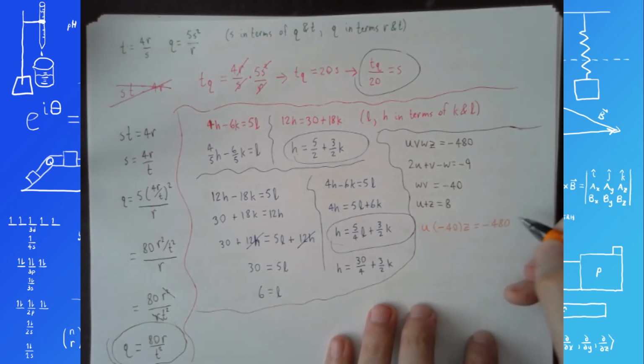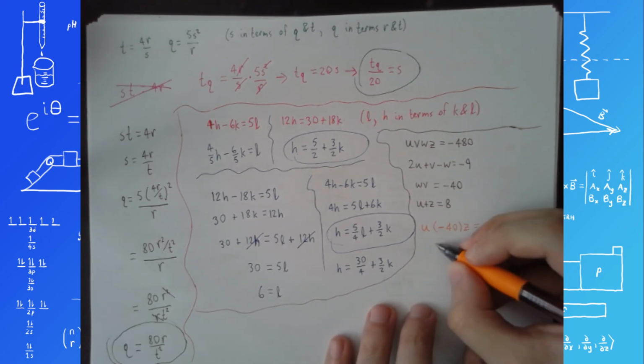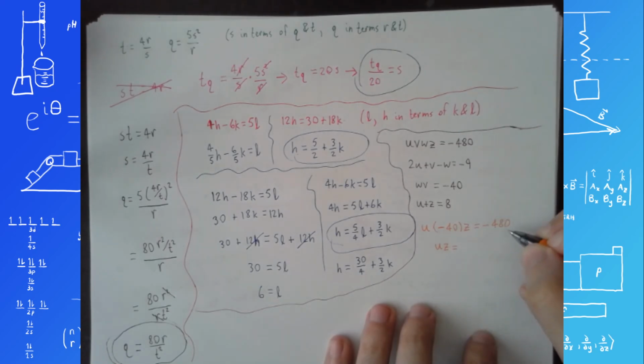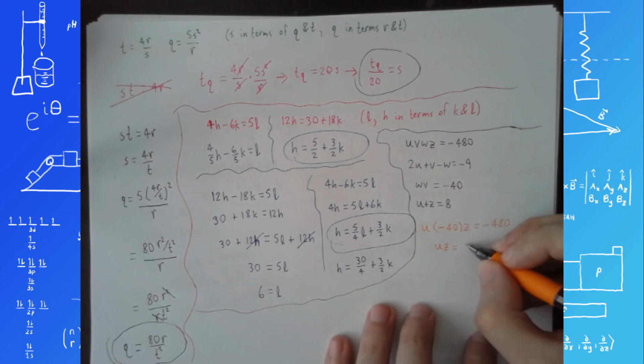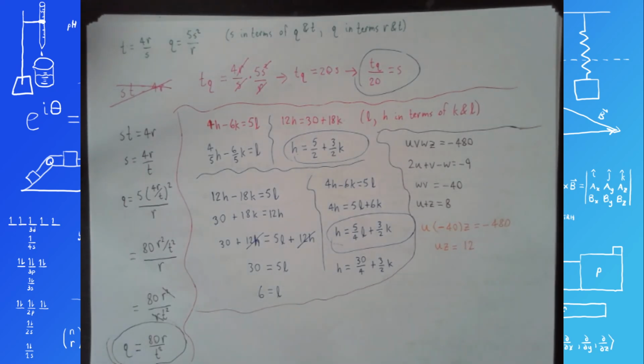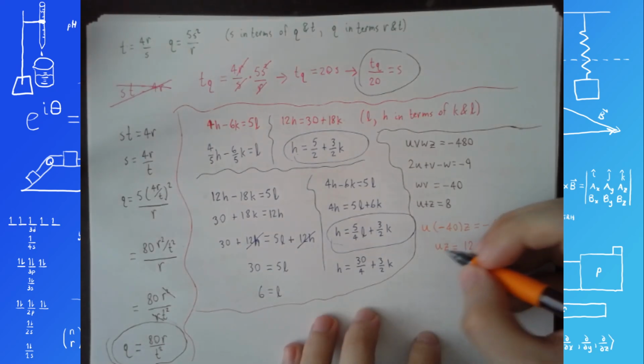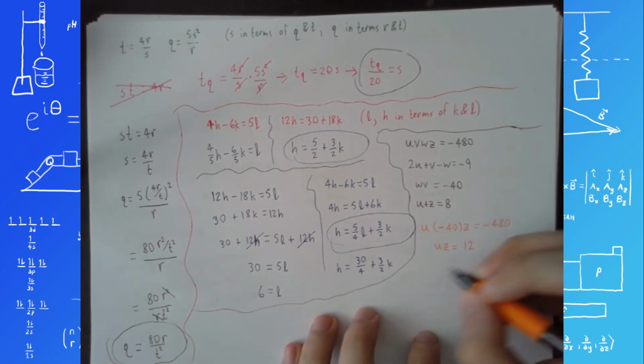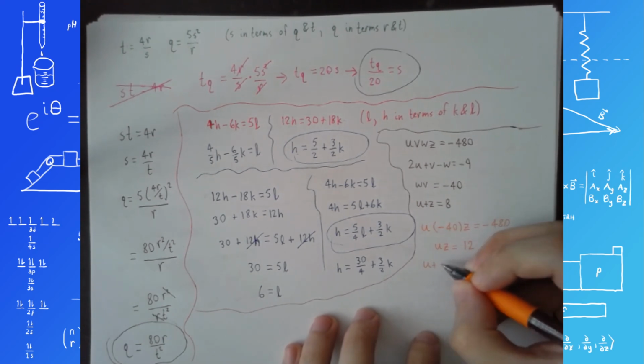I can divide by negative 40 on both sides, and I get u times z is equal to, the negatives cancel out, 480 over 40, reduced by 10, that's 48 over 4, which is 12. So u times z is equal to 12, u plus z is equal to 8. I will write a copy of that over here. U plus z is equal to 8.